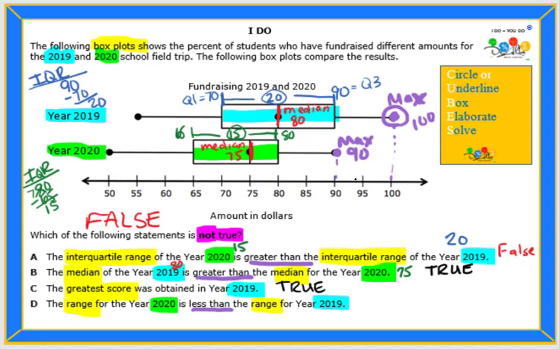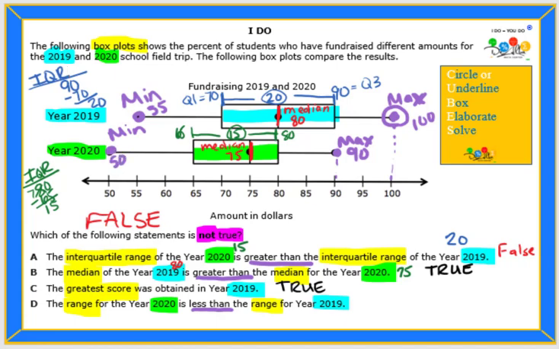We already recorded the maximum for each box plot, so let's look at the minimum for each one. Here I have the minimum for 2019, and here I have the minimum for 2020. For 2019, the minimum is 55, and for 2020, the minimum is 50.